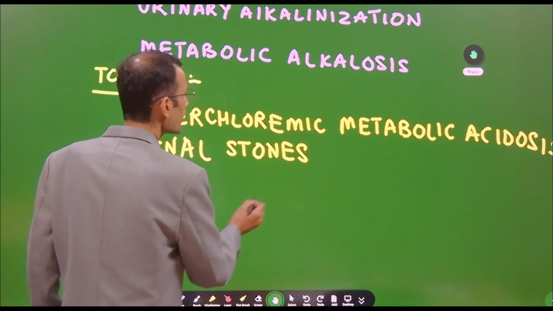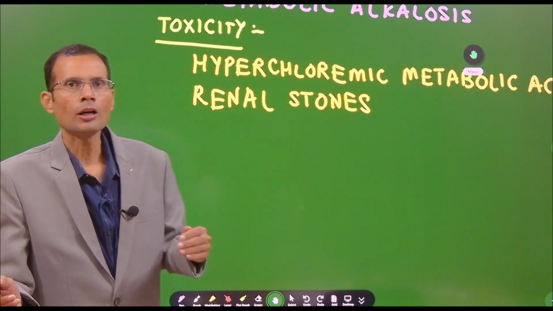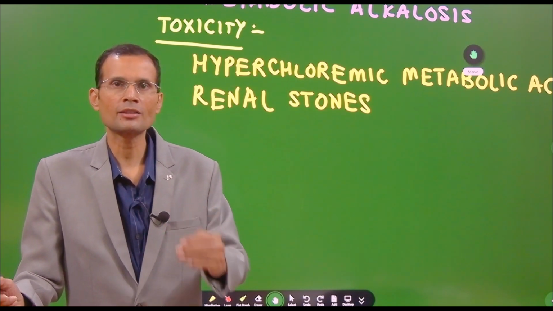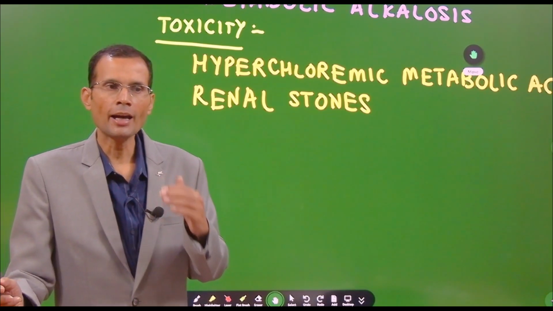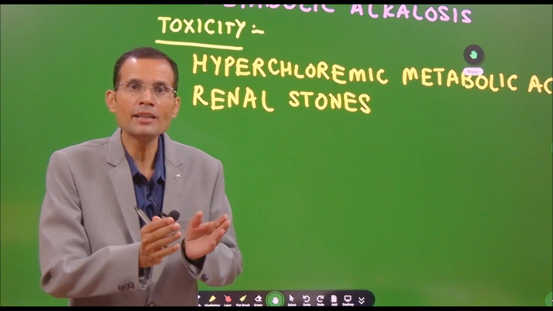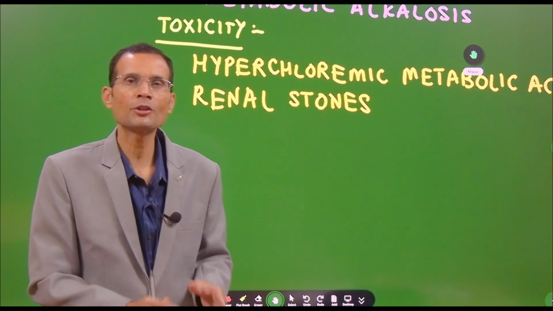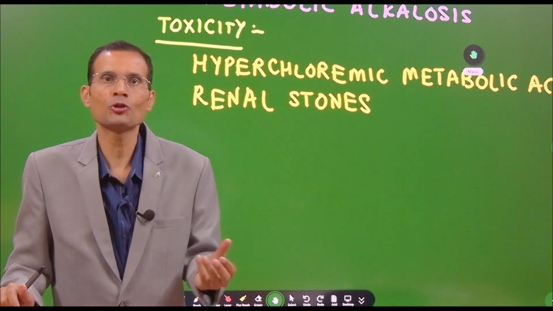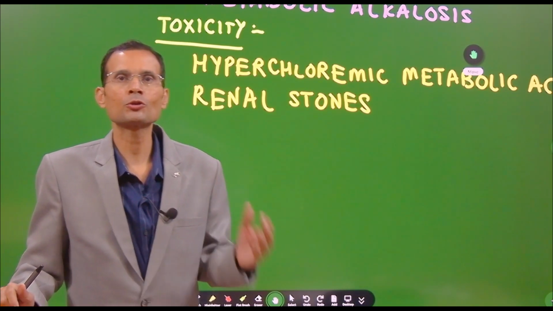Renal stones, yes, by the action of these drugs there is increased calcium excretion into the urine, and at the same time they decrease the excretion of solubilizing agents into the urine. Therefore calcium will become insoluble and will form stones.